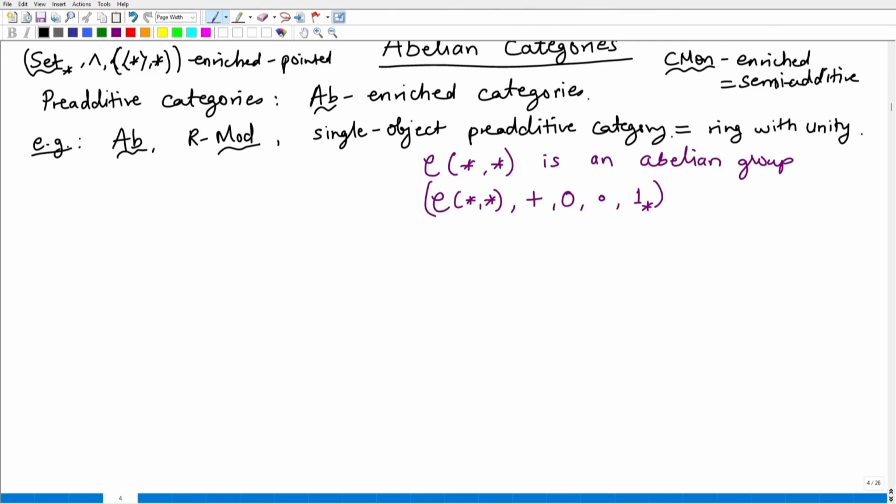Now, once we have this, last time we did not define it, but let's define a functor appropriately. Suppose C and D are pre-additive.